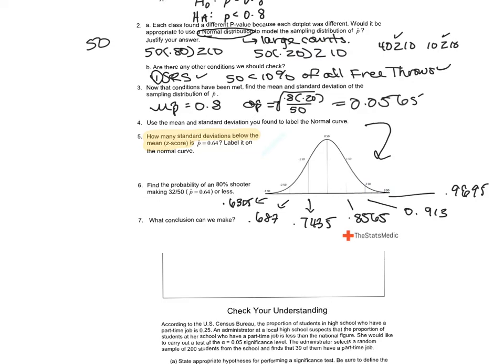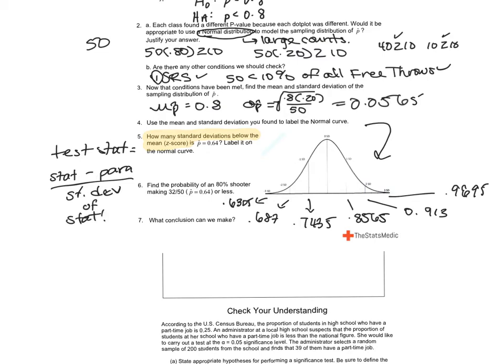So it's 0.64. Well, on your trusty dusty handy dandy formula sheet, you have something that says test statistic equals the statistic minus the parameter over the standard deviation of the statistic.